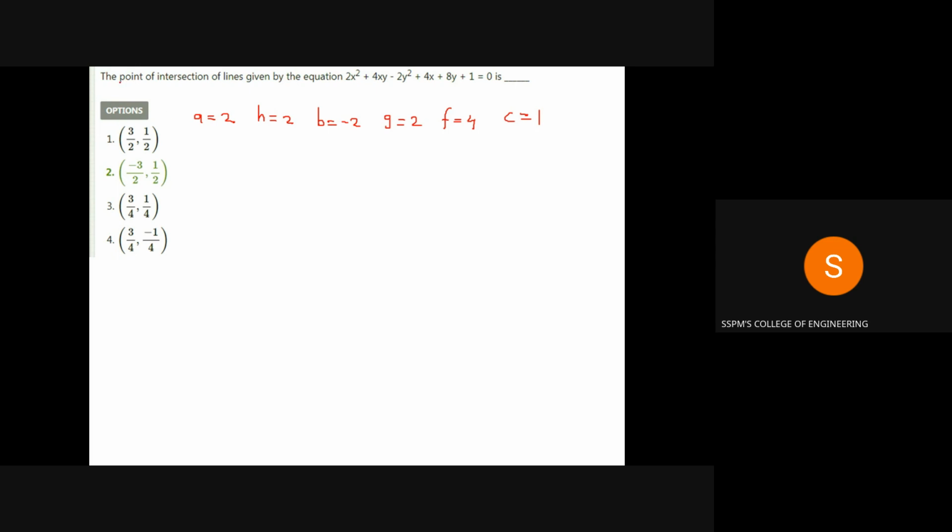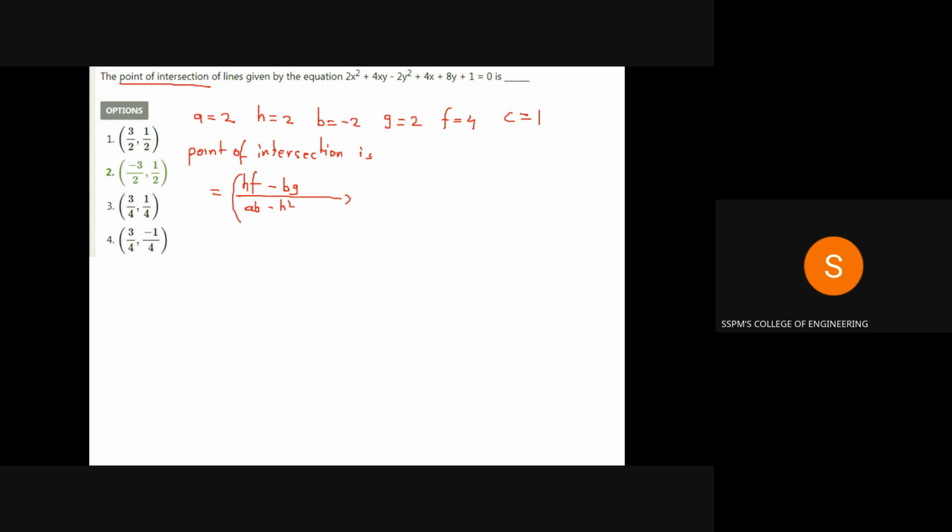So we have to find the point of intersection. The point of intersection is given by this formula, write it down. The point of intersection is hf minus bg divided by ab minus h square.